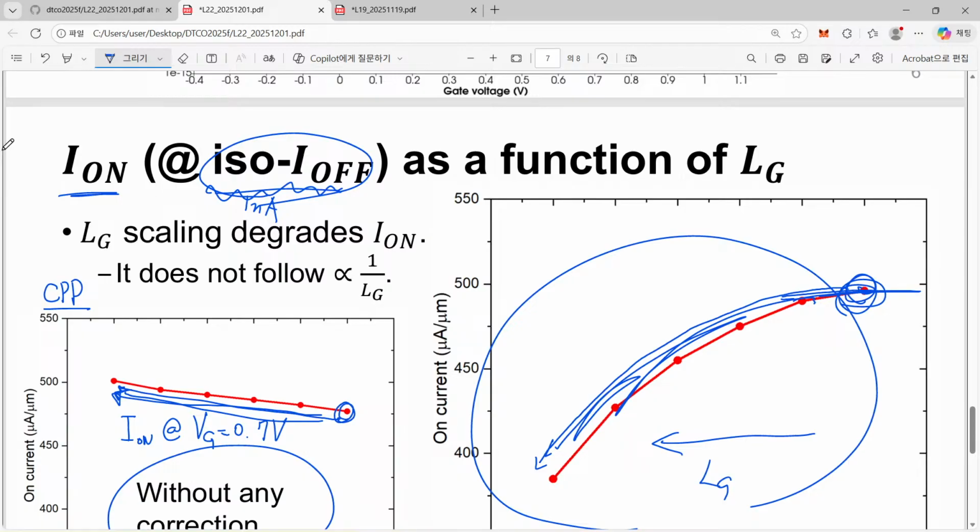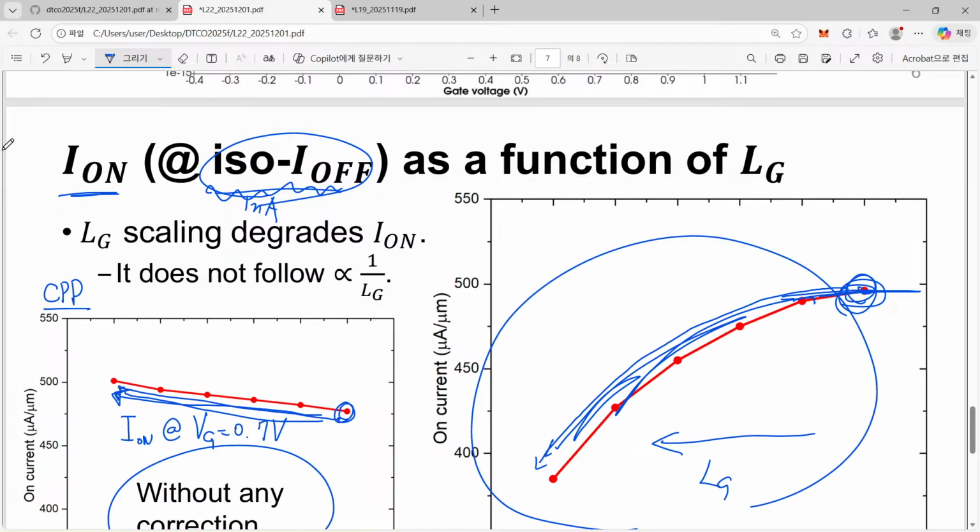Short channel effect is not determined by our effort or our ambition, our investment. It is almost solely determined by the shape of our gate channel.